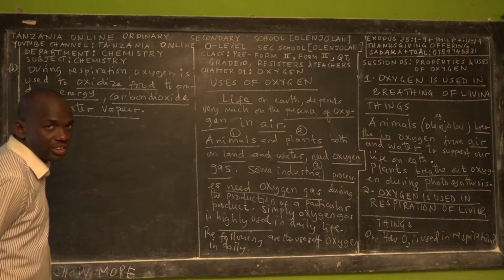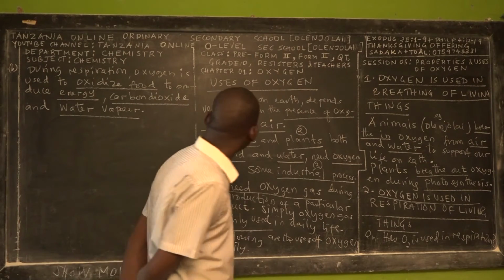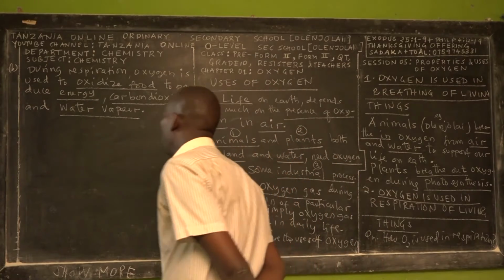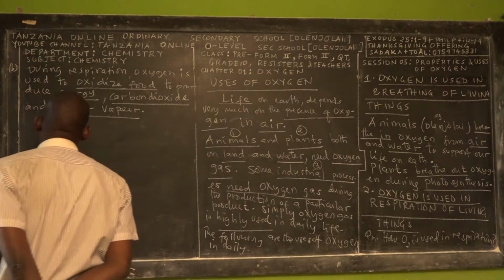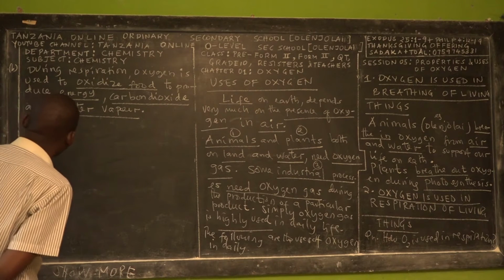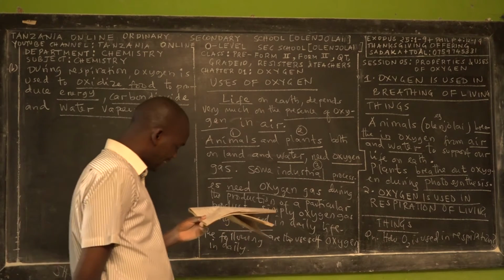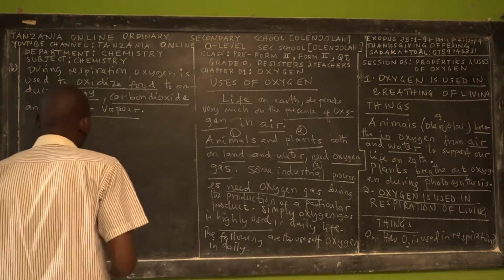So during respiration, whether it is aerobic respiration or anaerobic respiration, oxygen is used to oxidize food to produce energy, carbon dioxide, and water vapor. It occurs in animals as well as in plants.